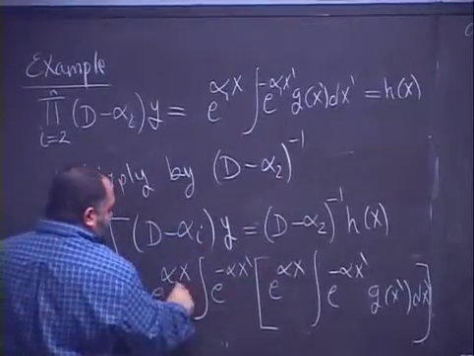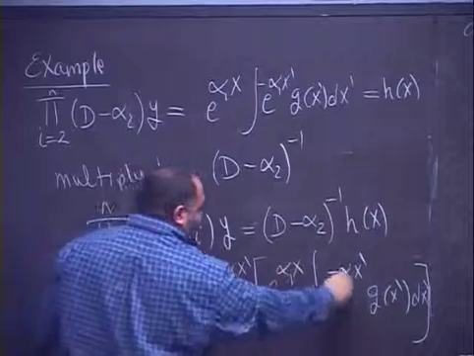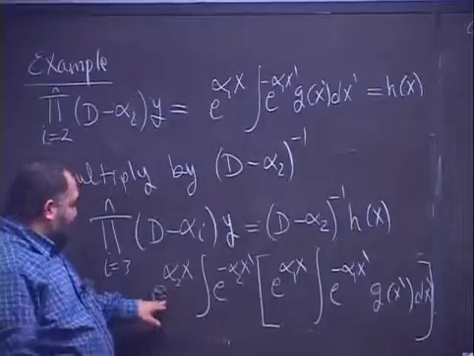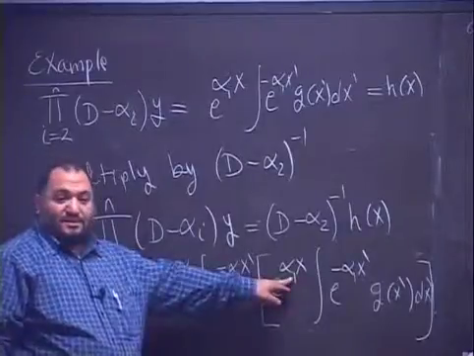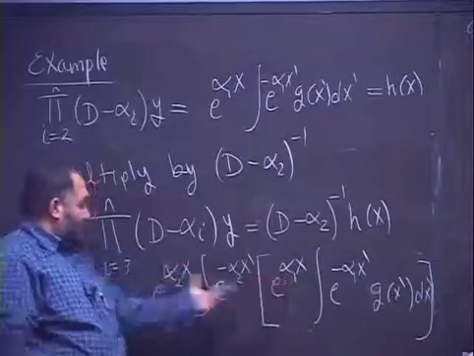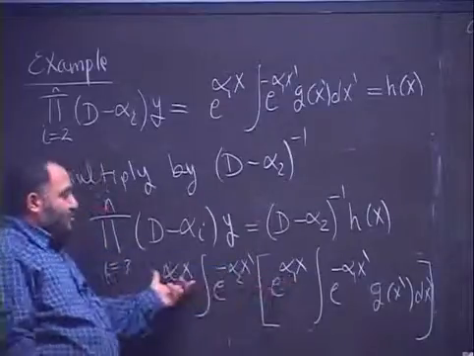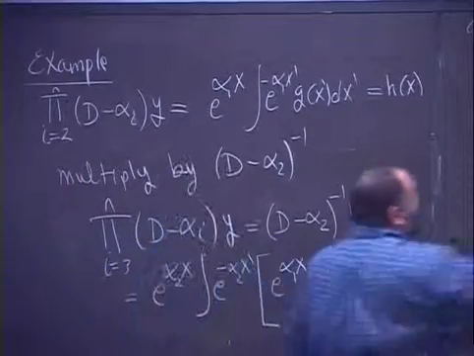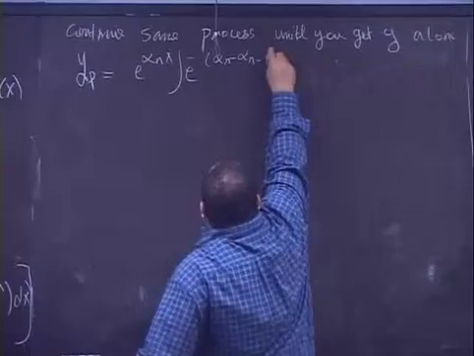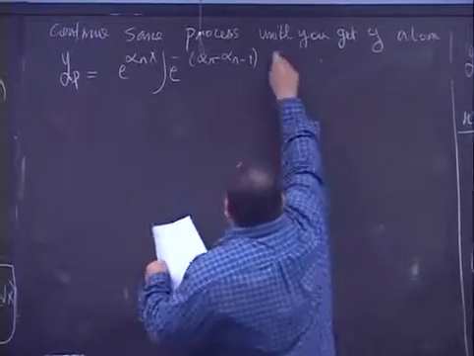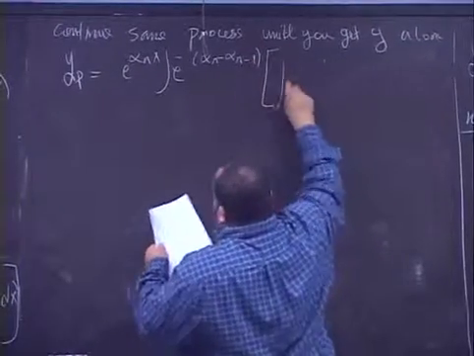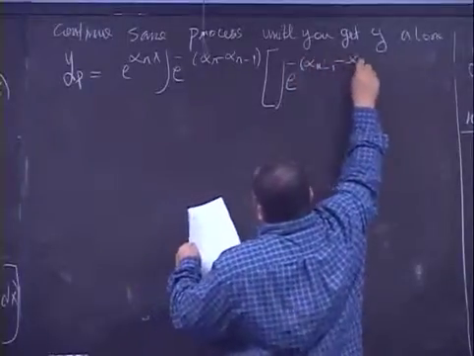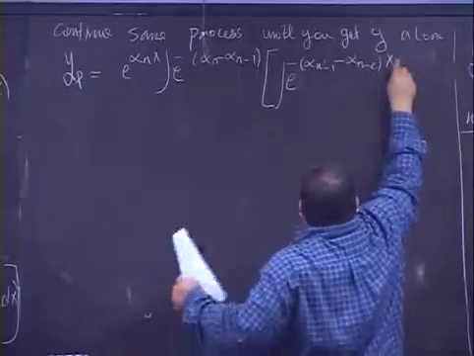Then you have alpha 2, but this is alpha 1. So you will have e to the power of alpha 2 minus alpha 1 outside, all multiplied by x. So this is why you have e to the power of alpha n minus alpha n minus 1. And this will be multiplied by e to the power of minus alpha n minus 1 minus alpha n minus 2, x n minus 1.